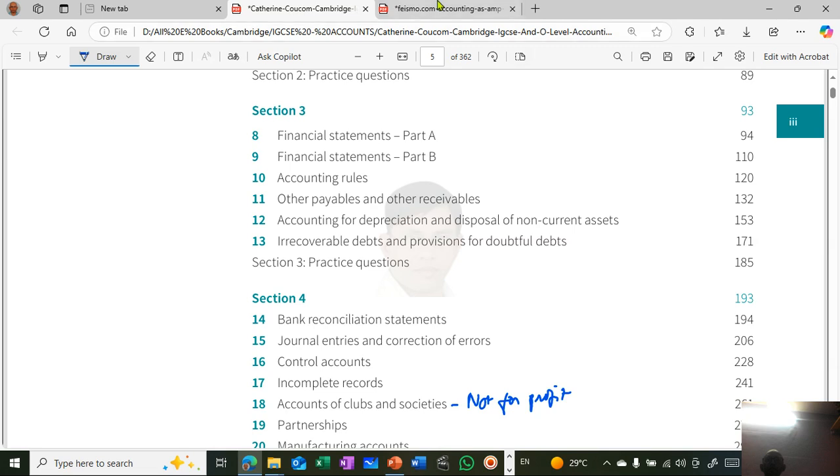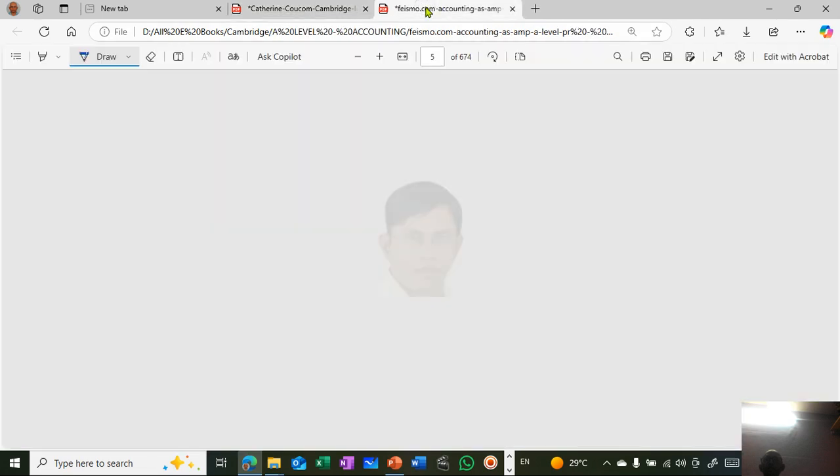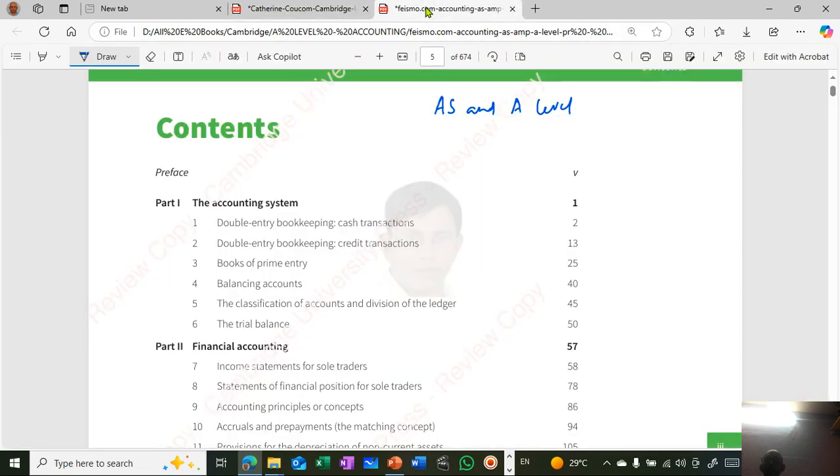So let us see what is coming in AS level. This is a book by David Hopkins. So double entry bookkeeping, cash transactions: how you record cash receipts, cash payments. Double entry bookkeeping, credit transactions: how you record credit transactions, when you purchase on credit, when you sell on credit. Books of prime entry. It was there in here also, right?